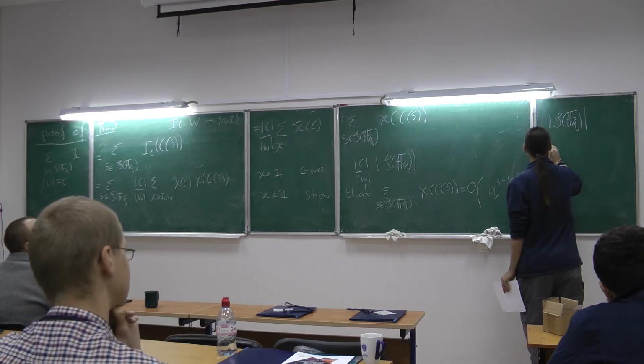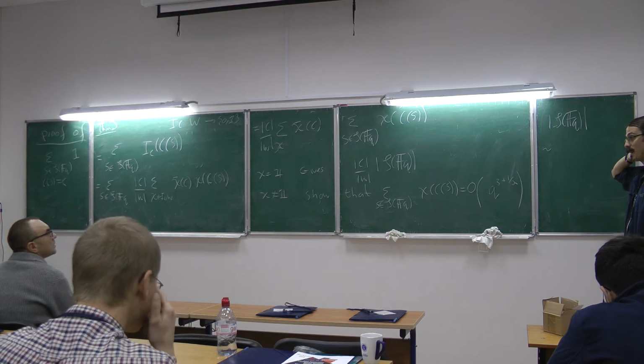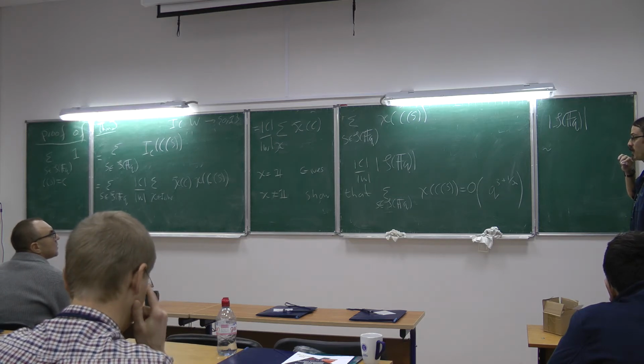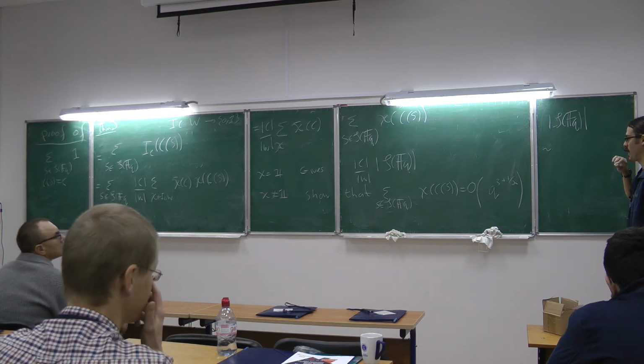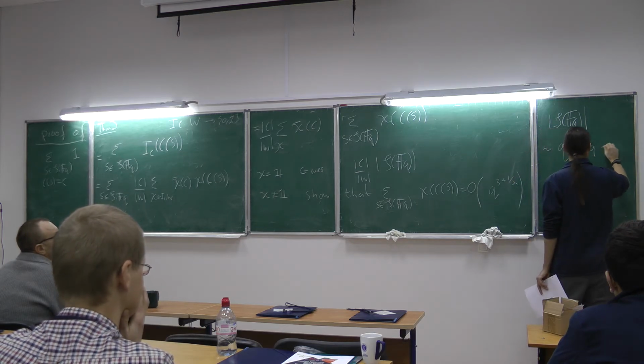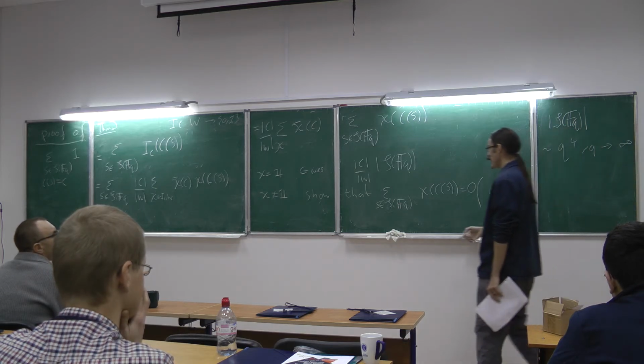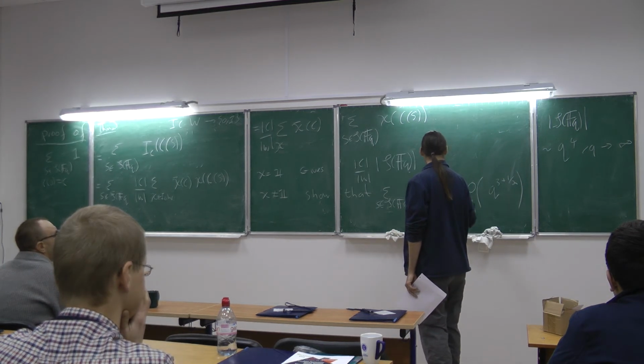And now the number of points on a geometrically irreducible variety of dimension n grows like q to the n as q goes to infinity. This is the Lang–Weil estimates. So this grows like q to the power 4, which is smaller than the upper bound for the cancellation here.